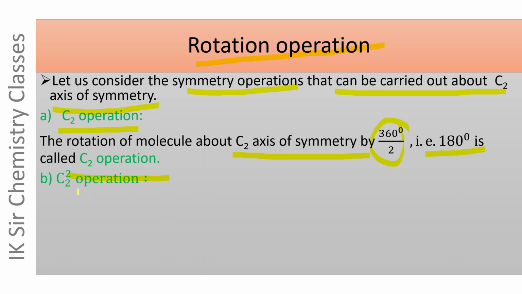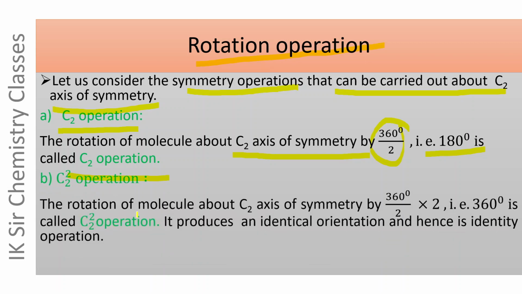The rotation of molecule about C2 axis of symmetry by 360 degree divided by 2 into 2, that is 360 degree, is called C2 squared operation. That is C2 operation 2 times.